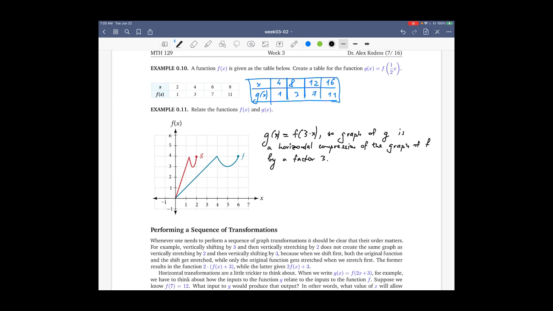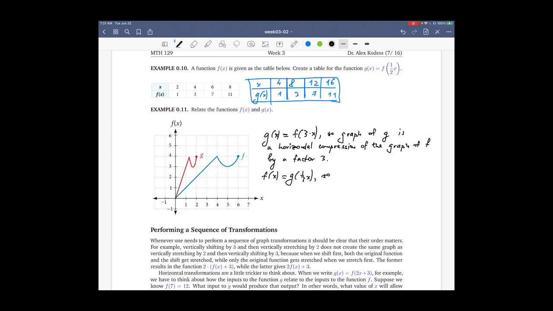Or, alternatively, we can think of g as being our original function, and then f is the slowed down version of g. G takes 2 seconds to finish, whereas f takes 6 seconds to finish, 3 times the time it takes g. So f from here is g of 1/3 x.